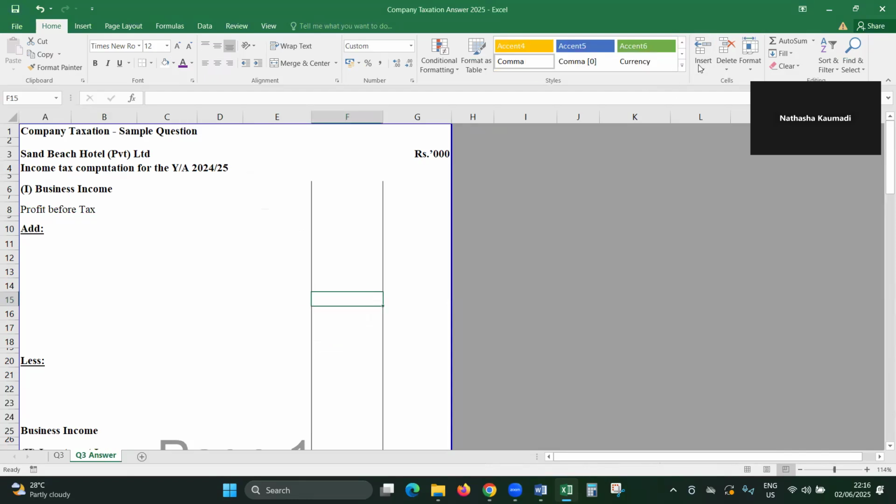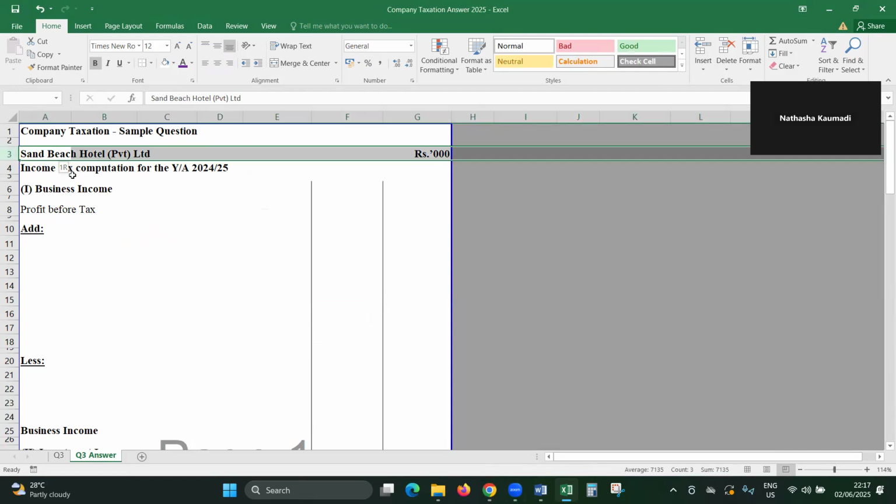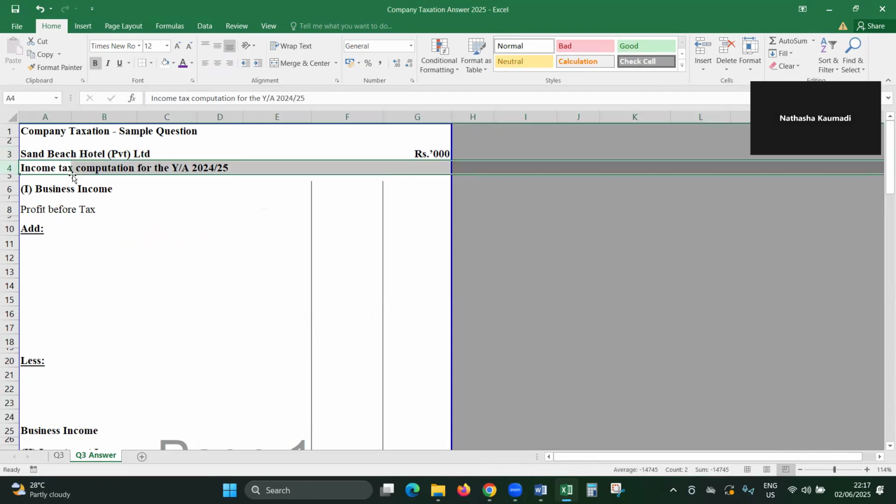Now, for my reference, for my easiness actually, I have the format with me. It's like this, isn't it? So as I told you last week, you have to write the company name, and then income tax computation for the year of assessment 24-25.